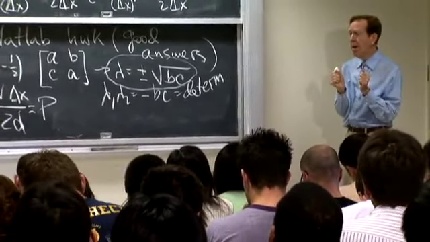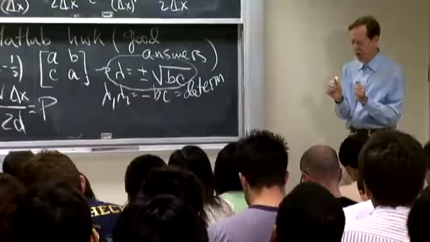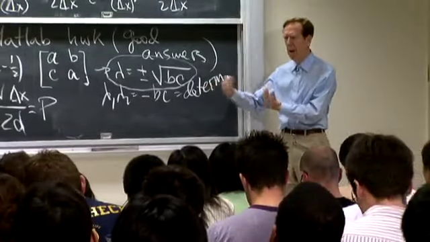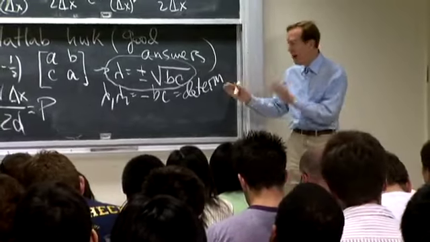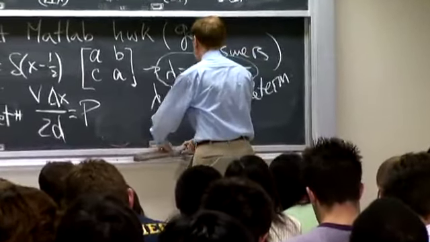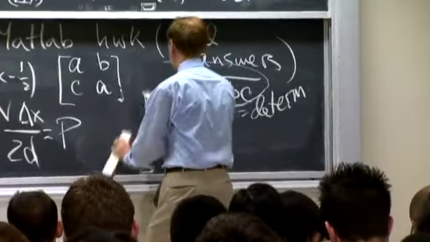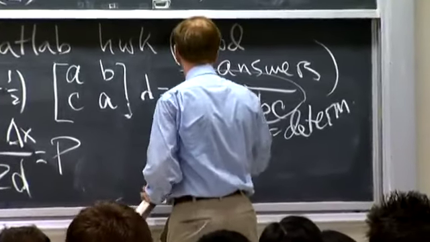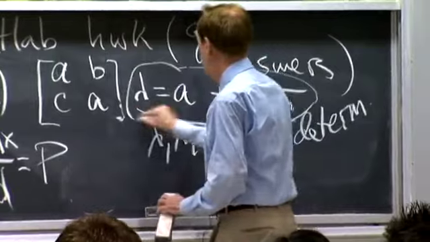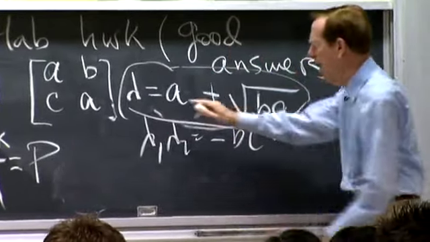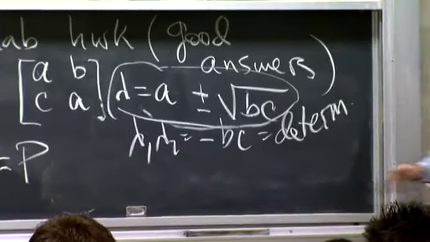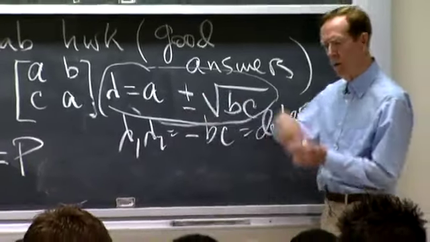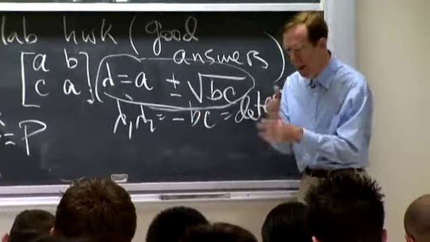Well, I've added A times the identity. I've just shifted that matrix by A. So the eigenvalues all shift by A. So the eigenvalues are now A plus and minus. No big deal. But you see that the A is actually not the key to this question of are they real or do they go complex.